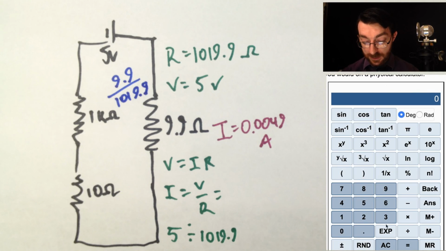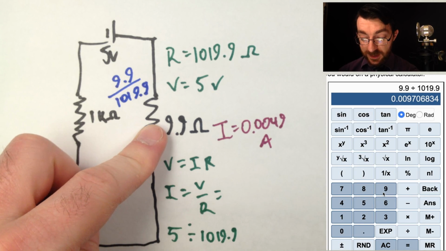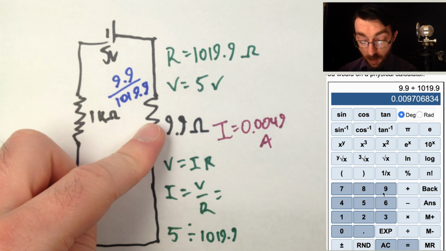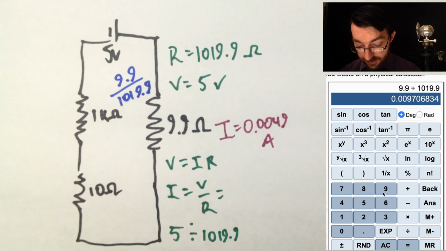So let's see what that is. 9.9 divided by 1019.9. Woo! So that's not a lot, actually. This resistor is only 0.0097 of the entire circuit's resistance, which means it's only going to use up 0.0097 of the 5 volts. So let me multiply that by 5.